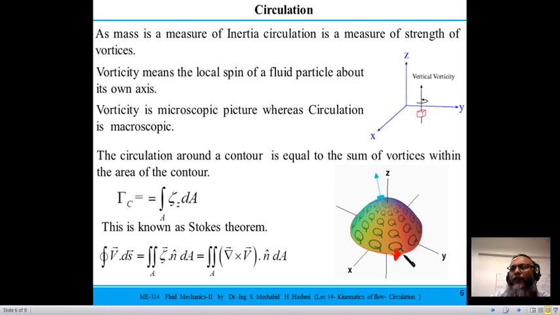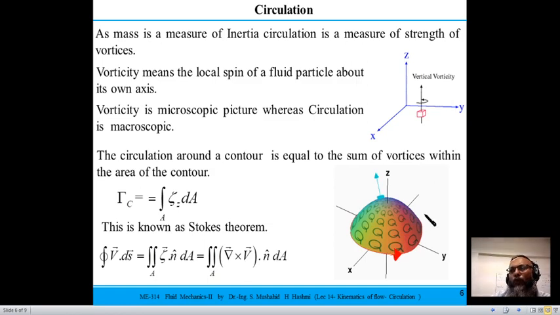There are different particles in this closed contour, and these particles would be rotating about their own axes, forming these vortices. If you take this integral, the vorticity vector times the area, you will get the quantity called circulation.